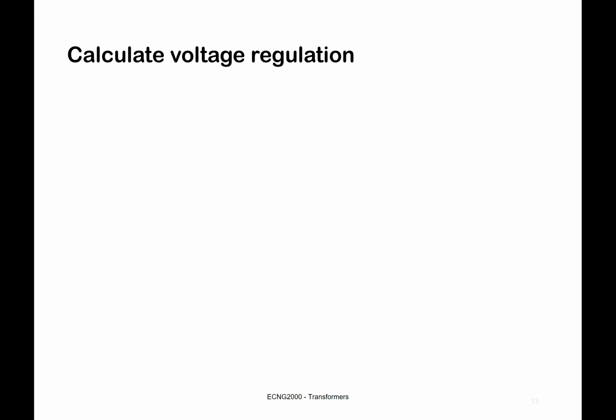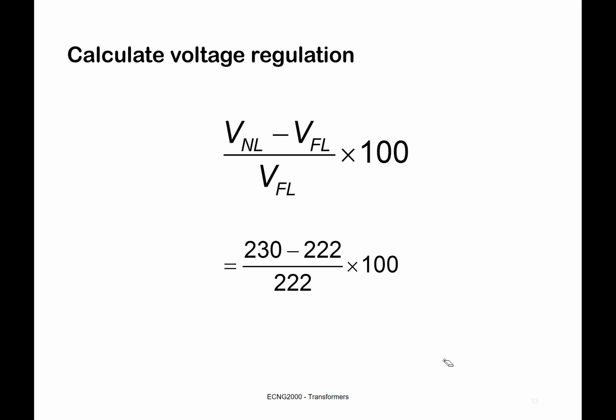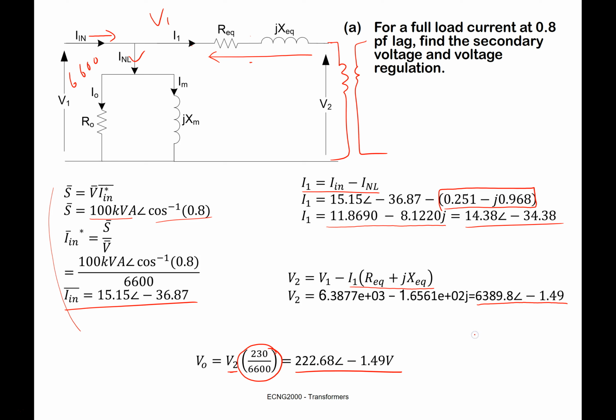And now we need to calculate the voltage regulation. So we know the regulation is given by V no load minus V full load on V full load. In some texts you would see V no load here, but we opt for V full load. And that would be 230 minus 222, and I'll just go back here. This is the 222 you got here, 222.68. You only need this magnitude part.